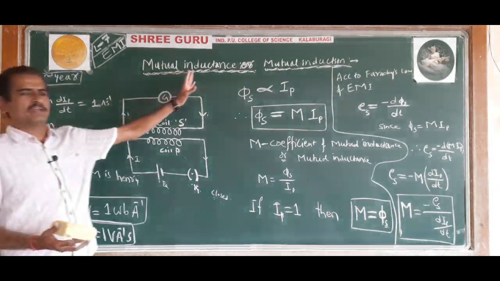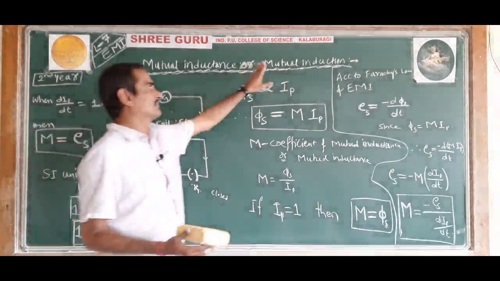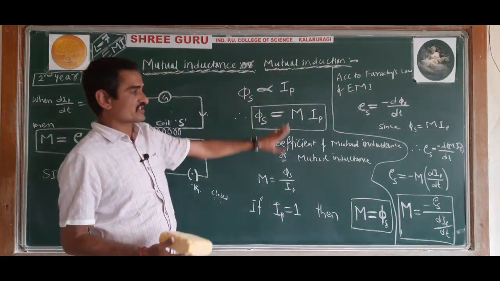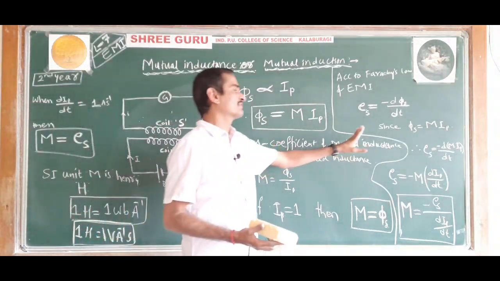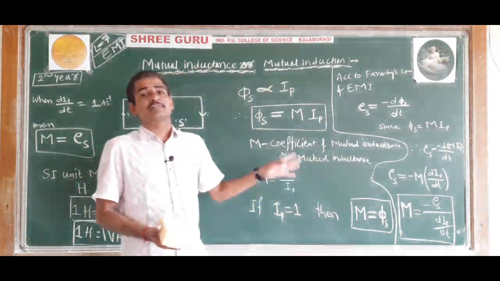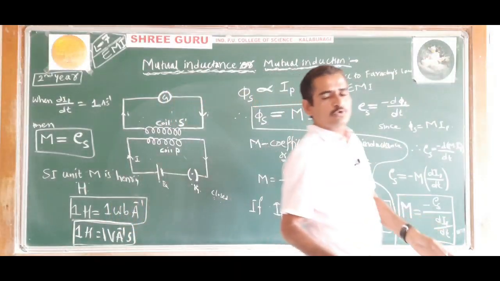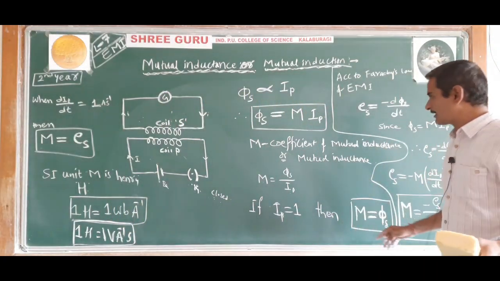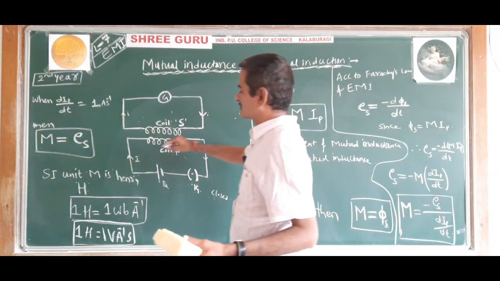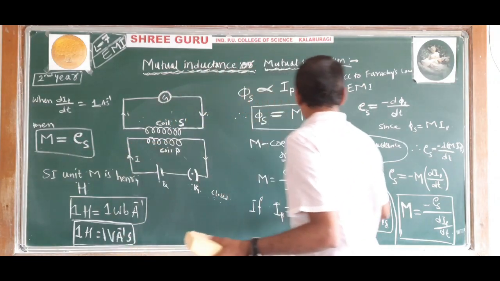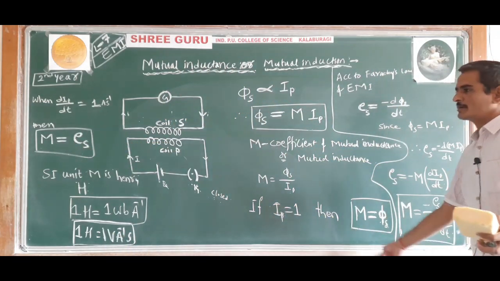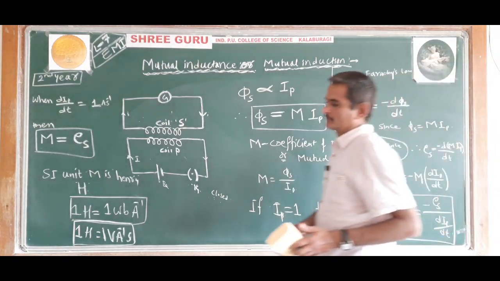Whatever the question, they may ask what is mutual inductance, what is mutual induction, or define coefficient of mutual inductance or induction. All four definitions will be the same. So you can write the first generalized definition, or any of the definitions I made so far.